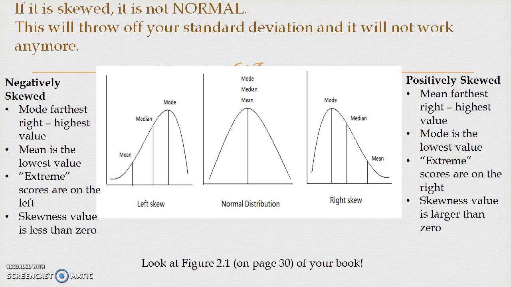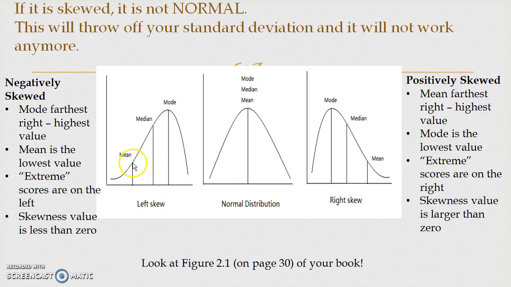So let me give you an example and explain what I mean by extreme scores. Suppose you take a statistics test, and most students did very well, but there were very few students that did poorly. So their scores, the extreme scores, will be on the tail on the left-hand side, which will make this a negatively skewed graph.